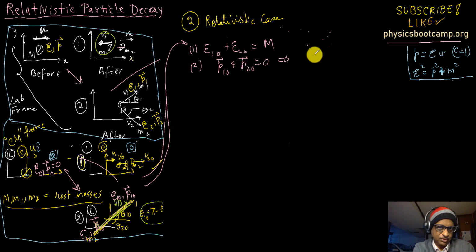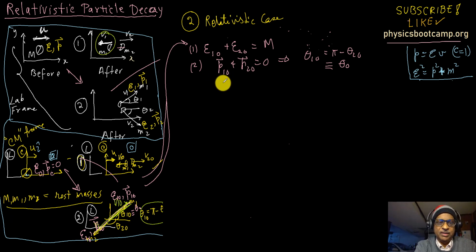You can do more, and you can say that theta 10 has to be equal to pi minus theta 20. There's one consequence of this, and just call it one angle, theta 0. We don't need to know both of the angles.